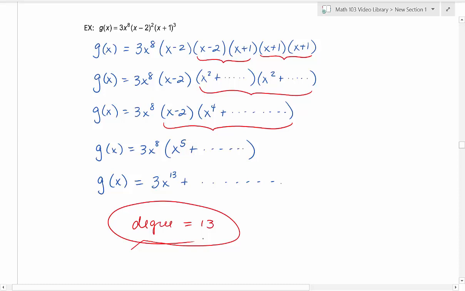Now, nobody wants to do all that every time we're trying to identify the degree of a polynomial function that's in factored form, so let's see if we can see a shortcut. Look at the powers on our original g of x in factored form, and then look at the degree of 13 that we got. What's the shortcut?